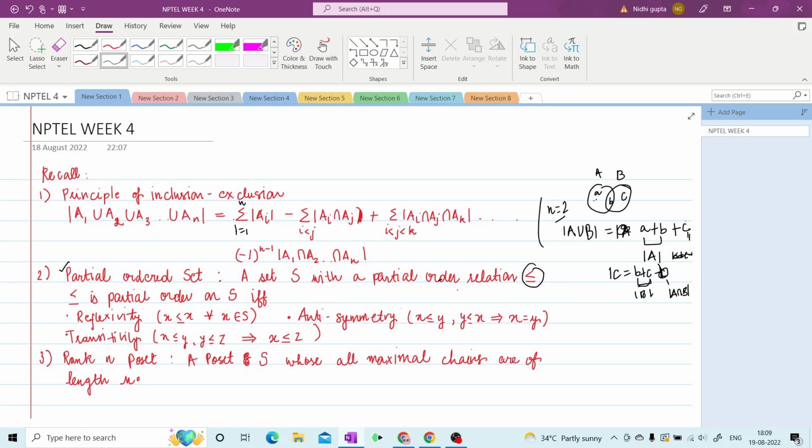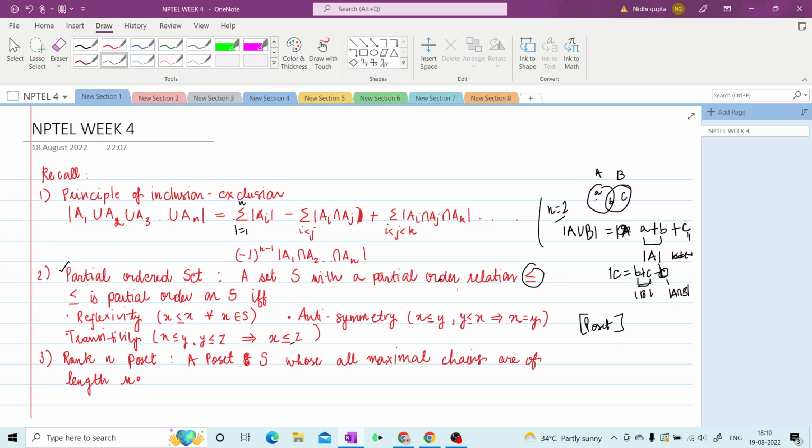And then transitivity: if x is less than or equal to y and y is less than or equal to z, then x is also less than or equal to z. This is what is called a partial order set, or poset.